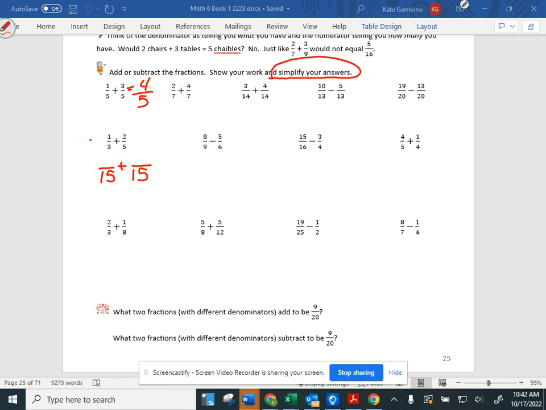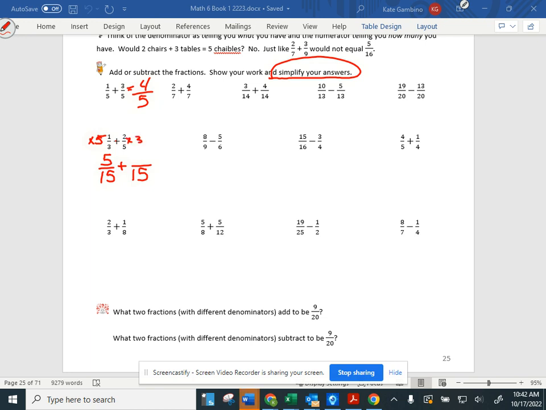So I know my common denominator is 15. What did I do to go from 3 to 15, Nolan? I times it by 5. So whatever I do to my denominator, I have to do to my numerator. 5 times 1 is 5. What did I do to my 5 to get to 15? Multiply by 3.